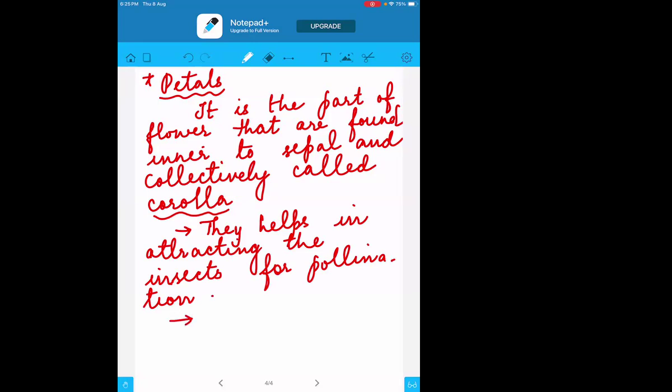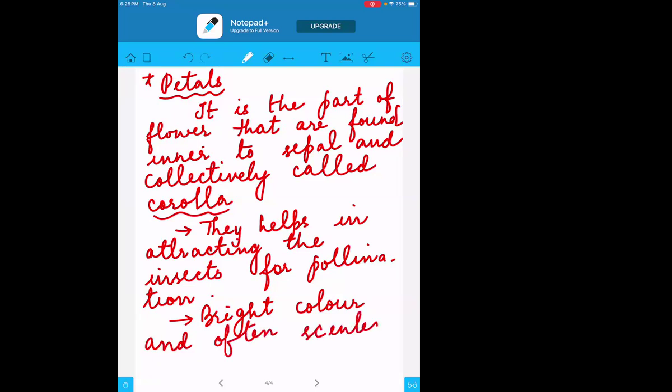They get attracted because of the bright color, because the petals have bright color, and often they are scented. It means they release some good fragrance, and because of this the insects automatically get attracted to it, like the rose. So rose also has a very good smell. Because of this, easily the insects come and sit on them and they start the pollination process. So that is what the petals are.